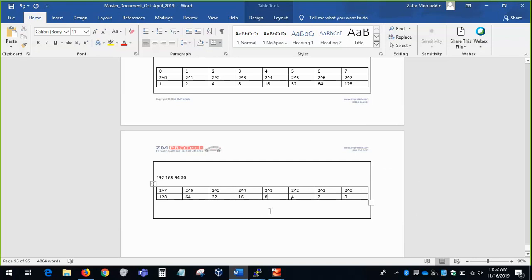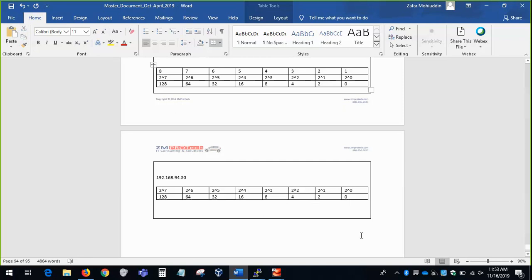So what we're going to do is, we have this table here. Let me just straighten this up on the top. 8, 7, 6, 5, 4, 3, 2, 1.